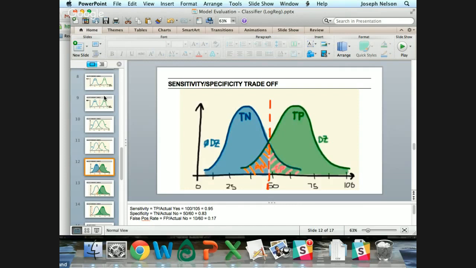So where spam detection says, this is spam, which way do we want to err? Minimize false positives. Yeah, we want to minimize the number of times we think something is spam, we say it's spam, and it's not.